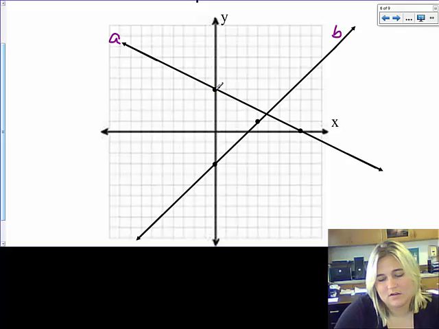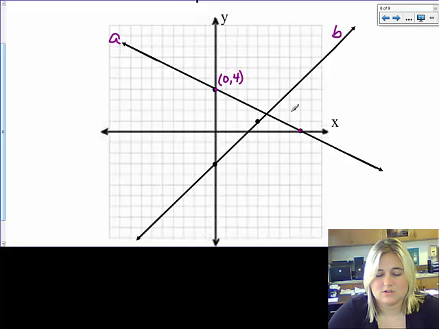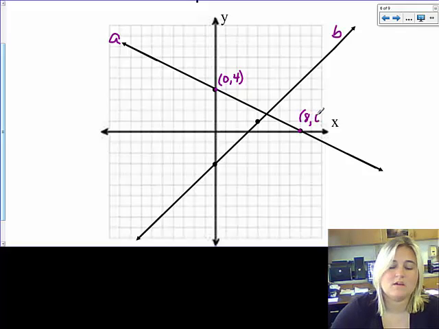For line A, I have two coordinates, one here and one here. This one is 0 and then up 1, 2, 3, 4. So this is (0, 4). And this one is 1, 2, 3, 4, 5, 6, 7, 8, 0.